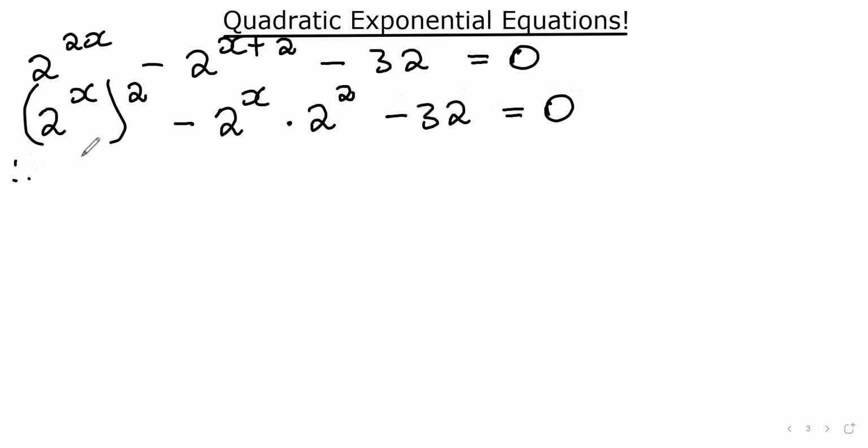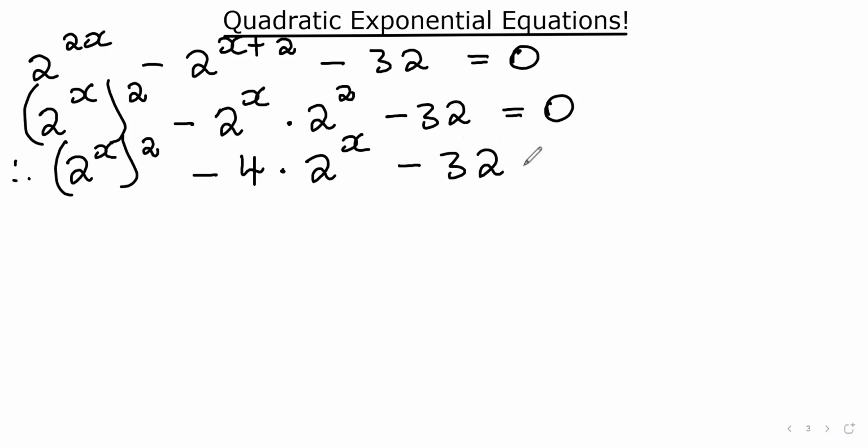But to write it even nicer, we can just say it's still 2 to the x, which is all squared. Then this one is just going to be a 4. So we can take the 4 and put it there. And then we have 2 to the x, and then we have 32, and this is equal to 0.